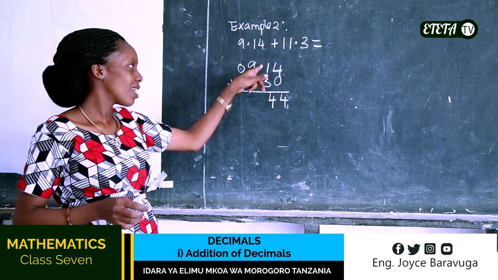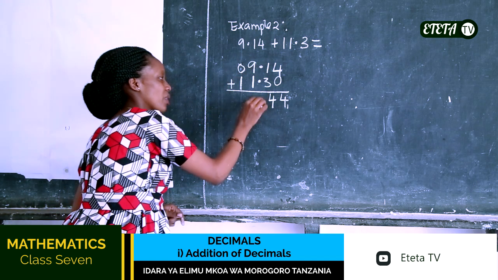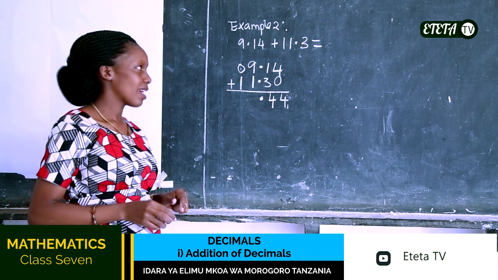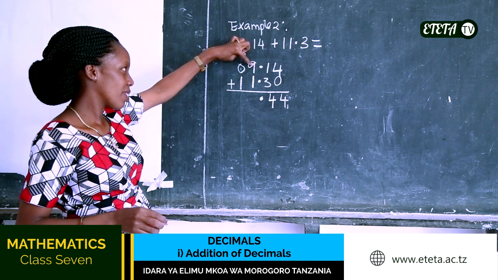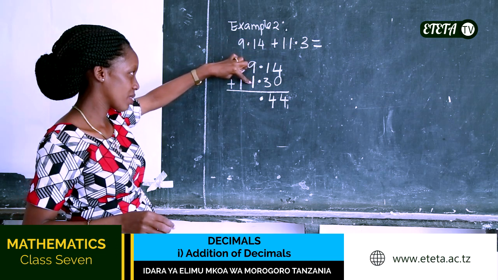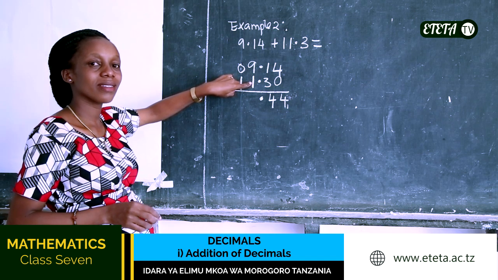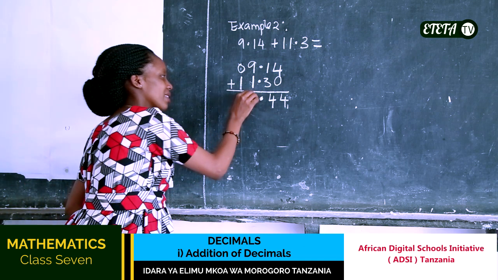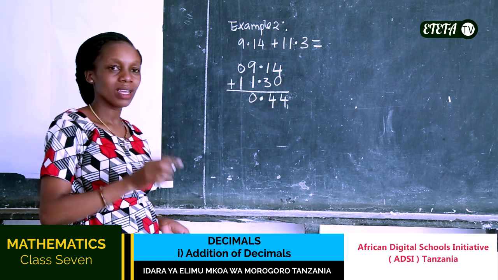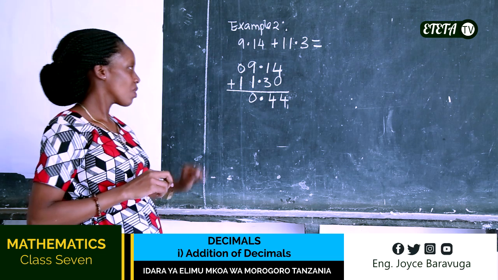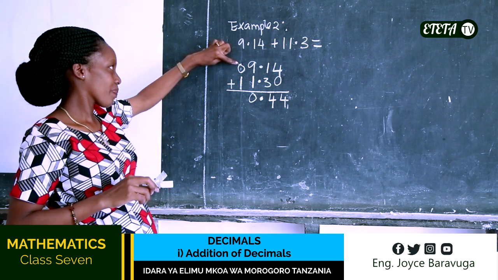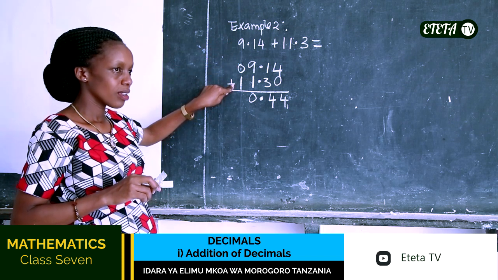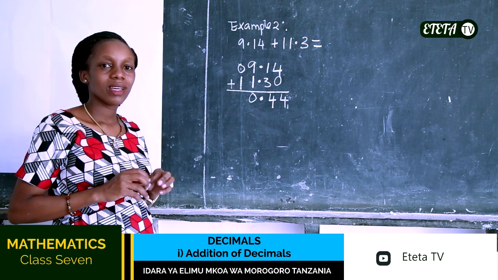Since they are lined up, our decimal point will be here. Then we proceed. 9 plus 1. The answer is 10. Therefore, we write 0, then we carry 1. Then 0 plus 1. 0 plus 1 is 1.